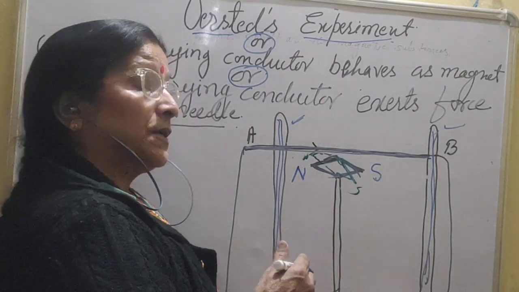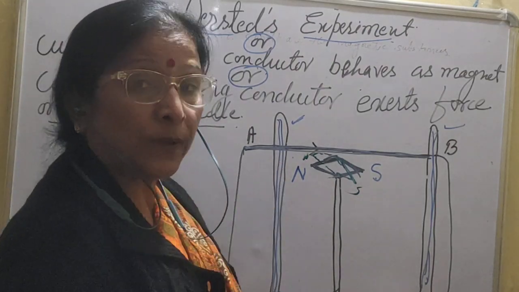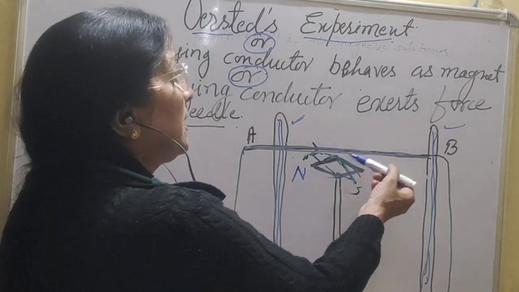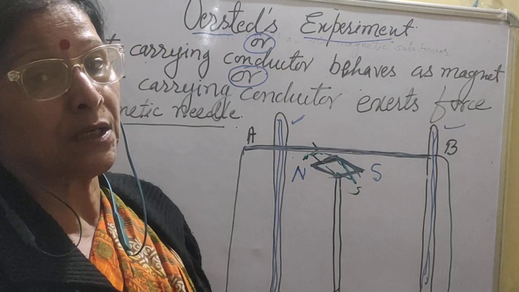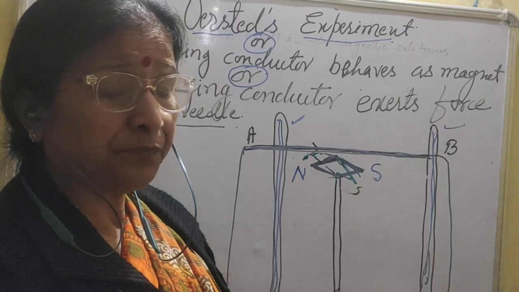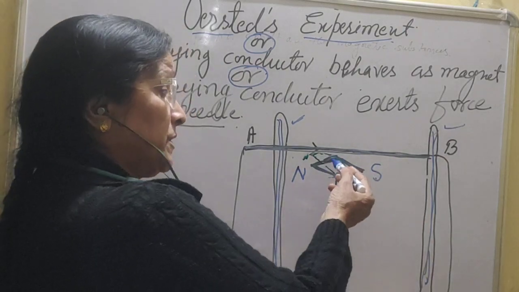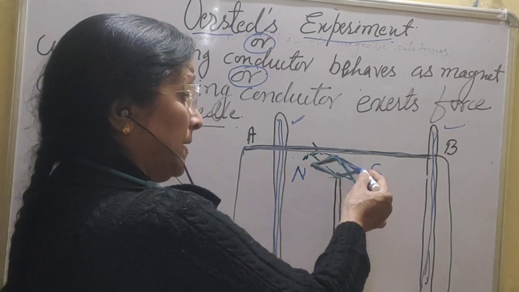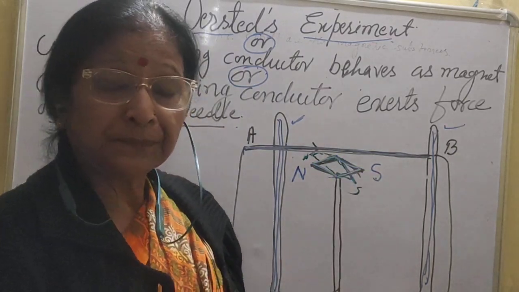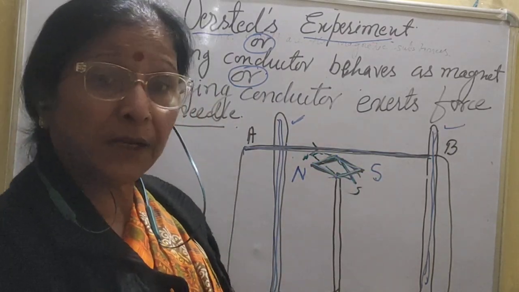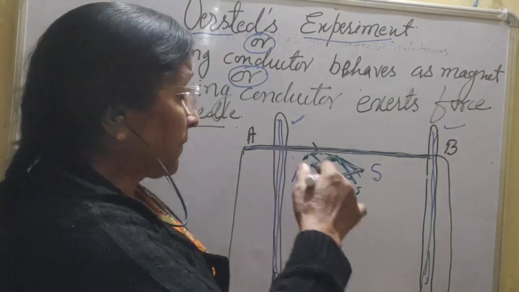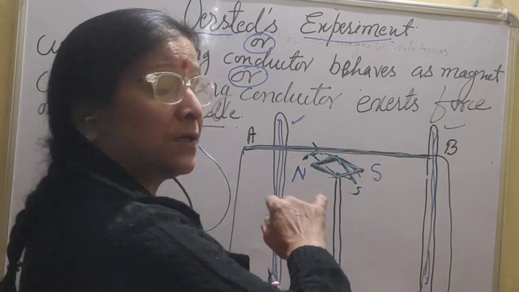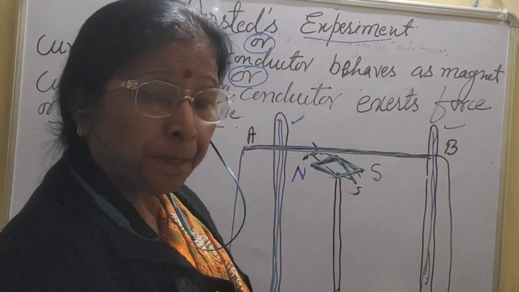So it becomes clear over here that a magnet-like property has been created around the conductor. Due to that, force is exerted on the magnetic needle and it changes its direction, and the magnetic needle is set into motion.